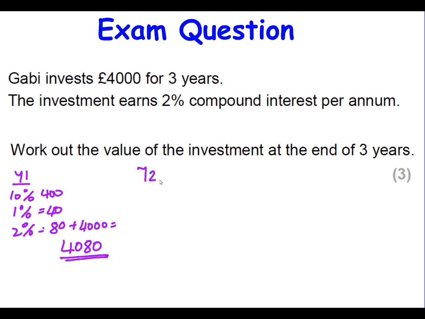So let's look at year 2, and we're starting with £4,080. So our 10% would be £408, and our 1% would be £40.80. Therefore, our 2% interest would be double this, which would be £81.60.